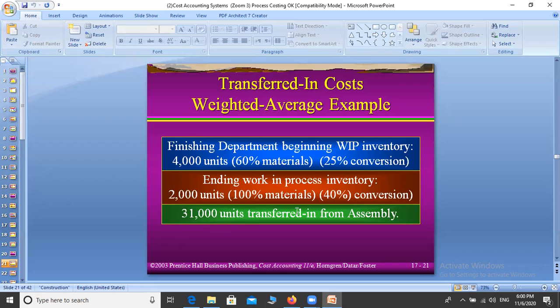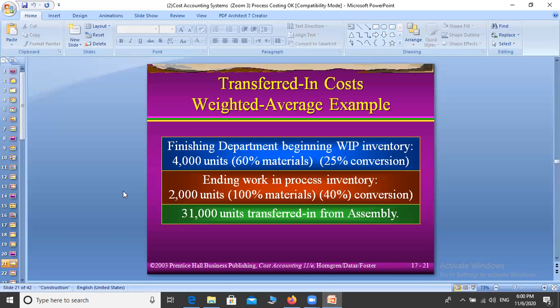The units transferred in from assembly, from the previous process, 31,000. So what is transferred from the previous process is 31,000 plus 4,000 beginning work in process, so the total is 35,000. As there is 2,000 ending work in process, the completed and transferred to stores is 33,000.